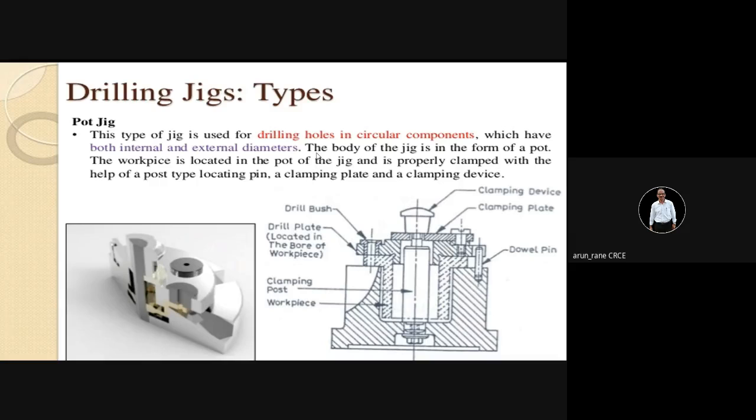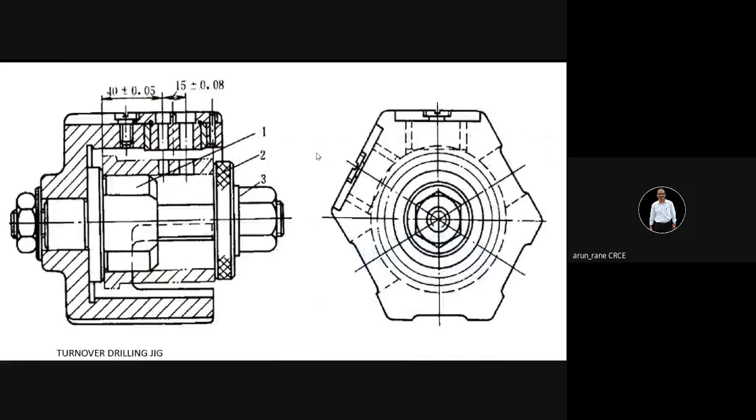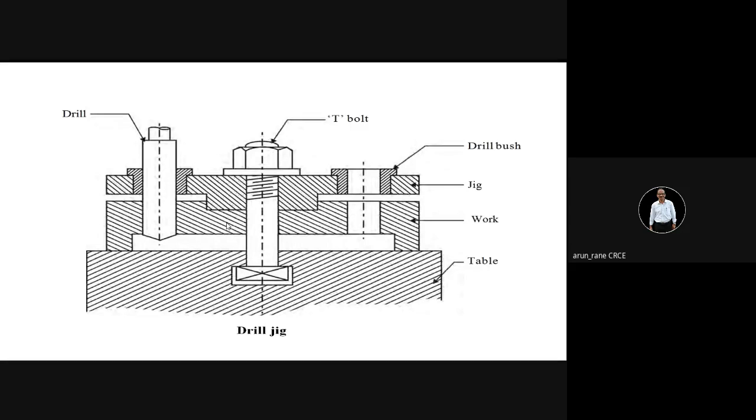Again, from the examination point of view, 4 jigs are more than enough: box type jig, open type, lift type, and diameter jig. This is your turn hole drilling jig. Turn hole drilling jig means you have to turn the jig so that drilling can be done from different faces of the workpiece.